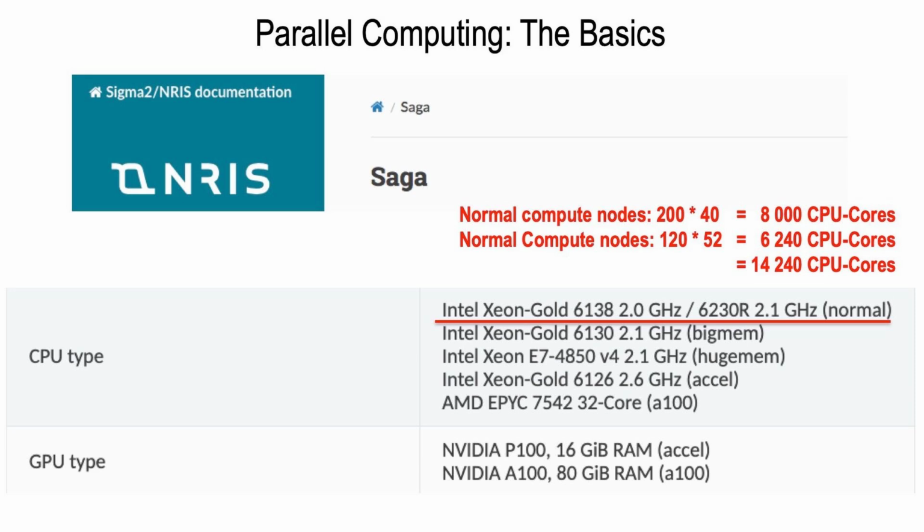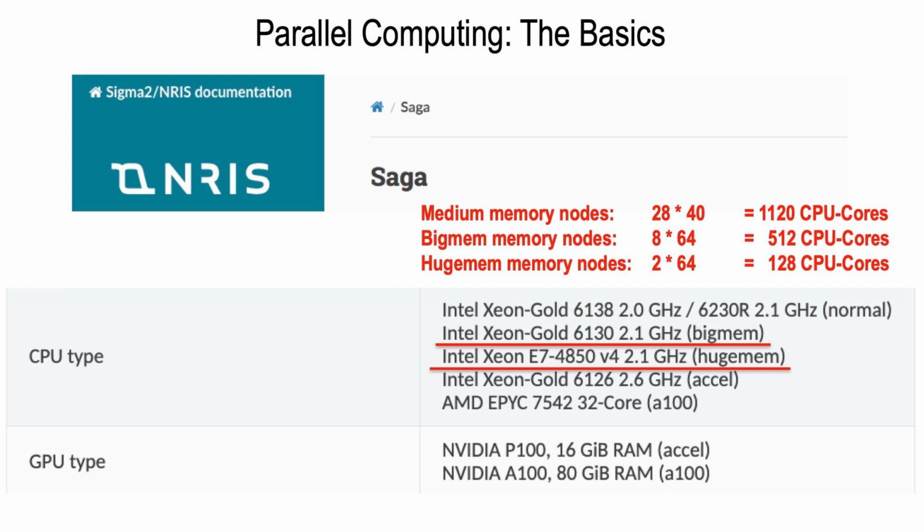Additionally, the normal compute nodes have 192 gigabytes of memory. There are also 28 medium memory nodes with 40 CPU cores and 385 gigabytes of memory, as well as 8 Big Mem and 2 Huge Mem nodes with 3 terabytes and 6 terabytes of memory.